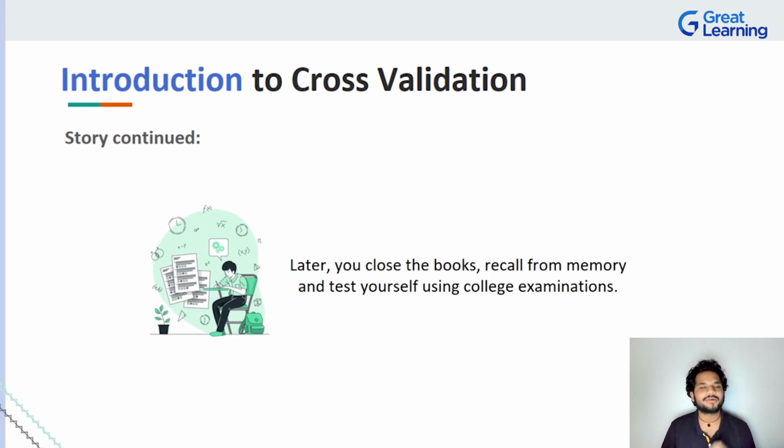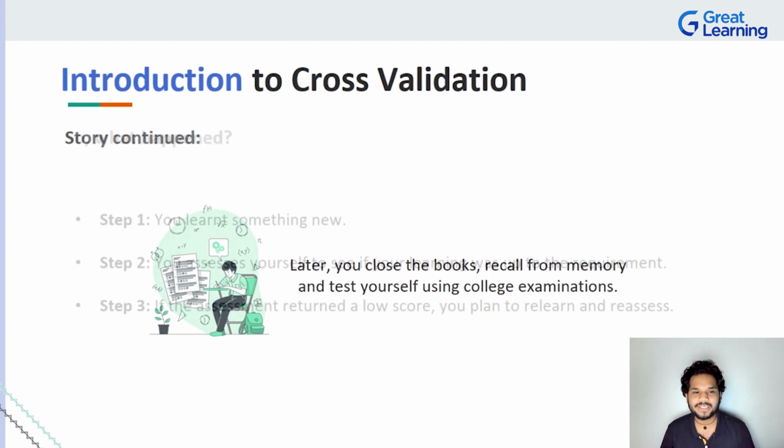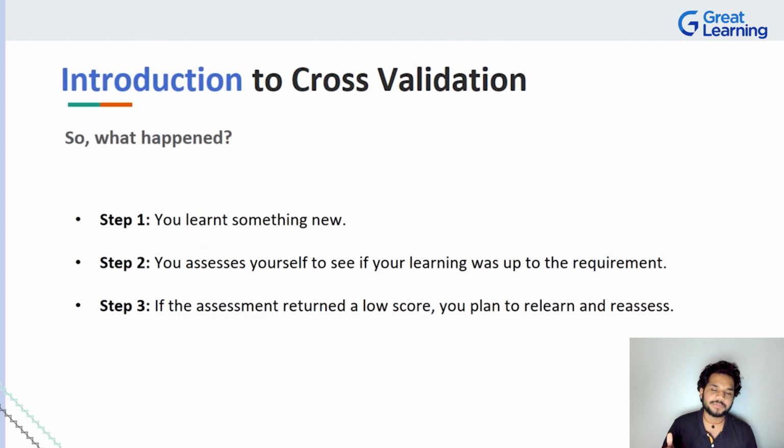Now, I'm sure you can try to guess where the story is going with respect to how machine learning might work as well. Step number 1, you decided you want to learn something new and you eventually went ahead and learned it using online resources or whatever it is. After that, you said, hey, now I want to see how much I have learned. So eventually you had to assess yourself and you had to see if your learning was up to a requirement.